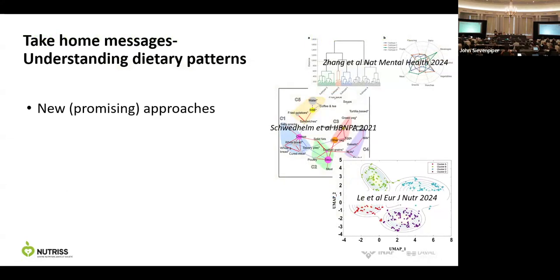So, take-home messages. I promised I would keep it simple. These methods are extremely exciting, they're promising, they're new, and we're going to learn a lot of new things about dietary patterns using these measurements. But these are different examples.